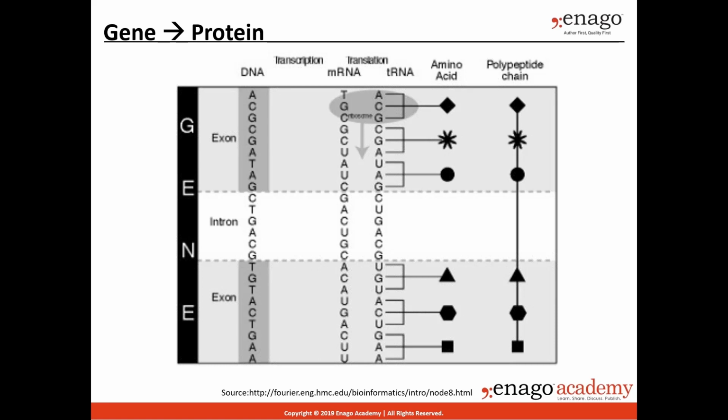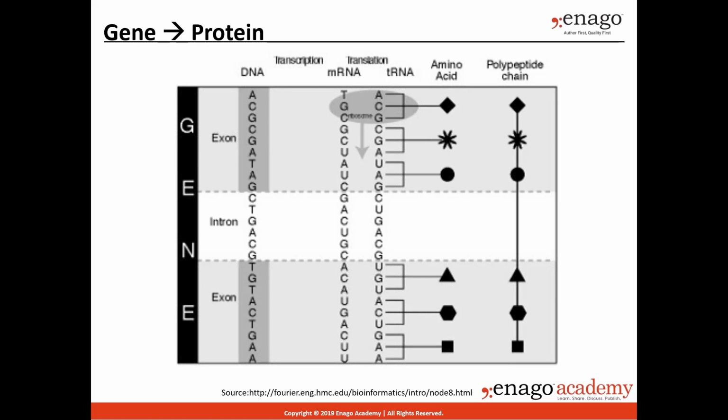And the mRNA will be comprised of three nucleotides that will be translated into a particular amino acid using tRNA. And as those amino acids are produced, they will be combined to produce a polypeptide chain. Those polypeptide chains will be bound to other polypeptide chains to ultimately produce our proteins.